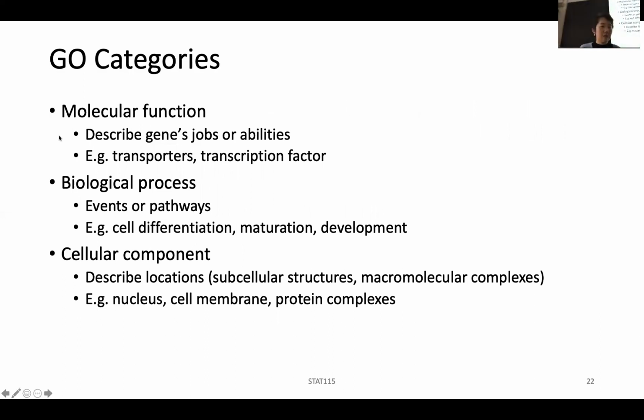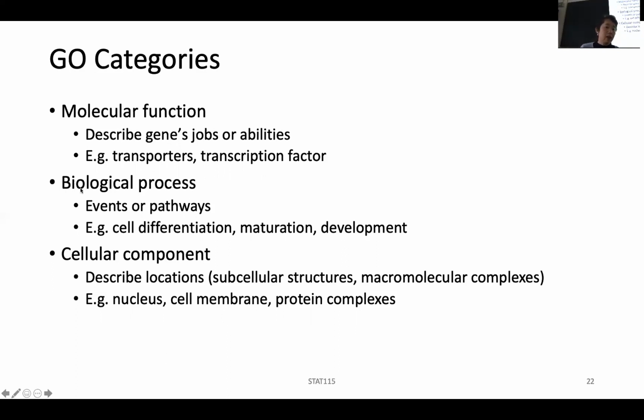Every gene is given 3 terms. One of the terms is to annotate the molecular function of the gene. What is this gene's job or abilities, right? So you can have transporters or transcription factors. So, you roughly say what this gene does.